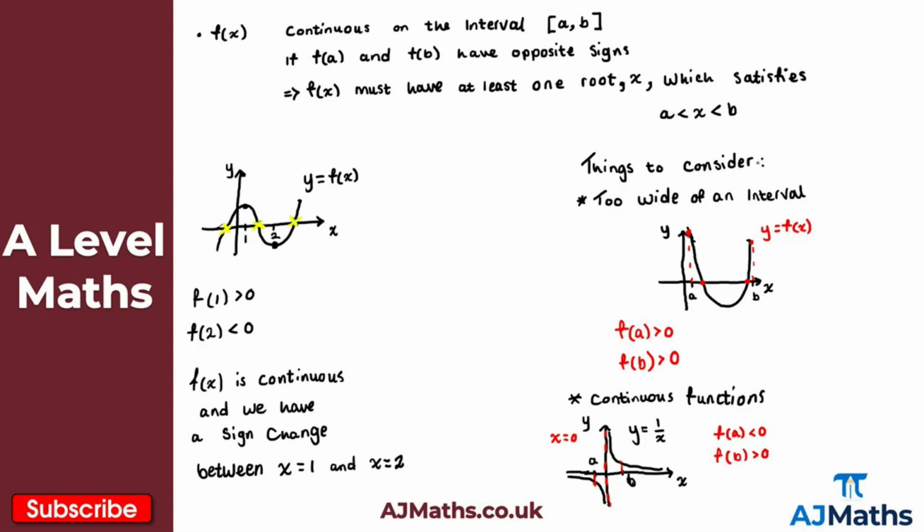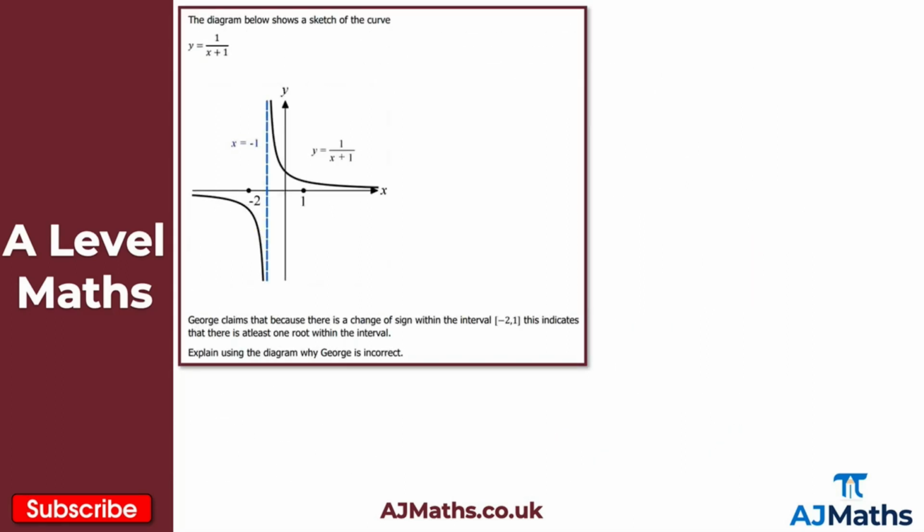Now let's just take a look at a couple of quick practice questions here for locating roots. Starting off with question 1, now we've got the diagram below which shows a sketch of the curve y equals 1 over x plus 1. We can see the diagram here. Now George claims that because there is a change of sign within the interval here of -2, 1, this indicates that there is at least one root within the interval.